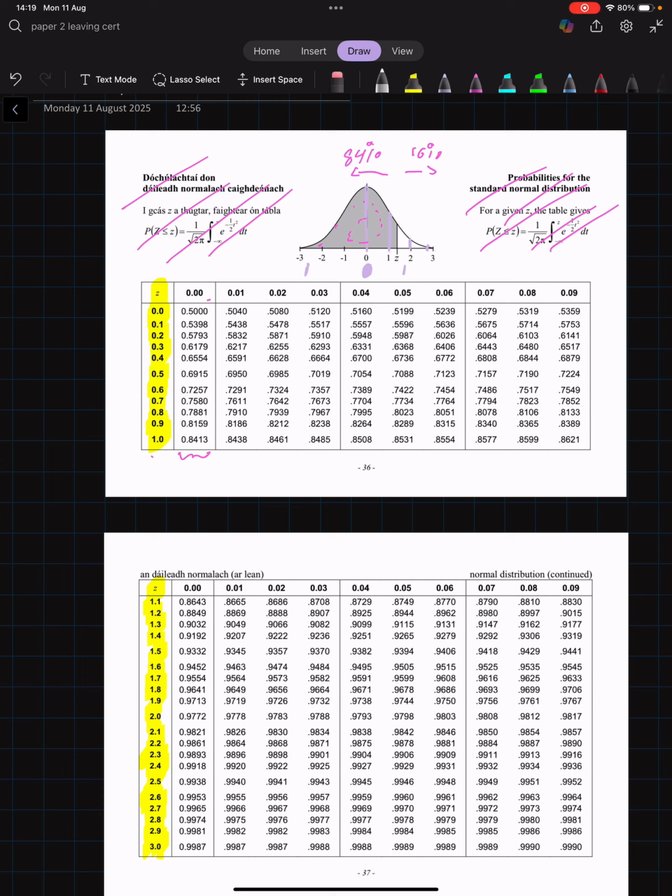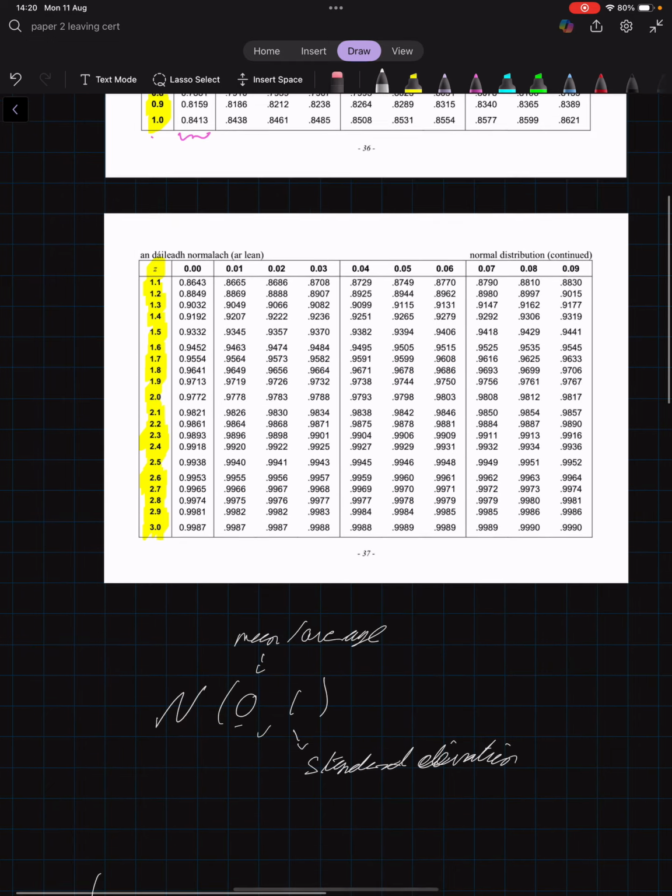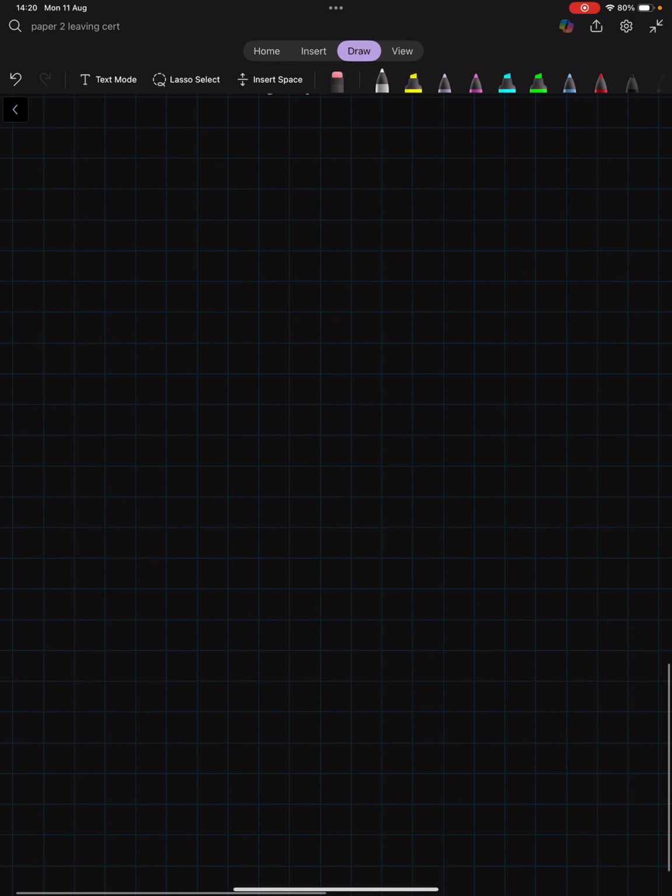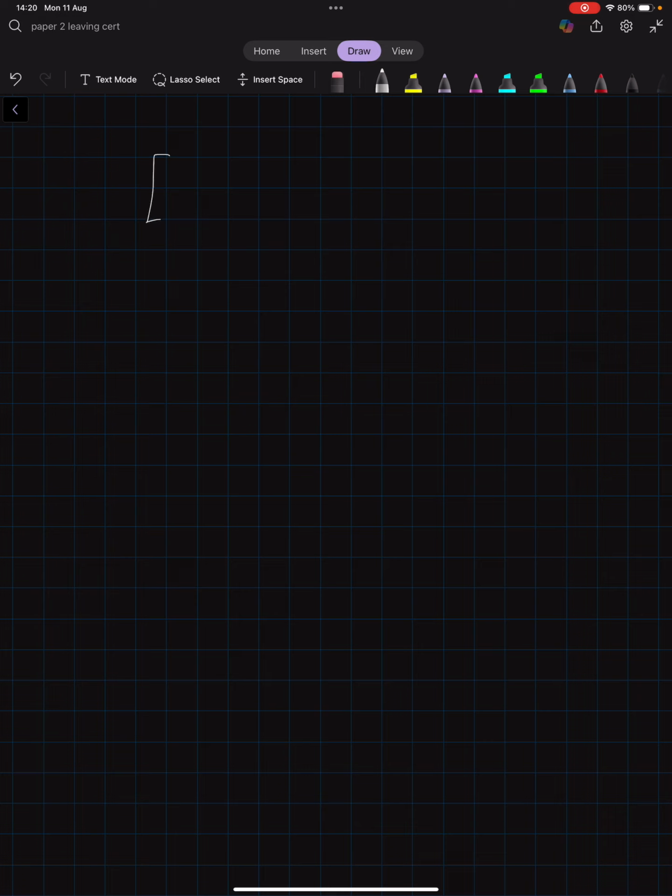I'll just see if it's here, just so I don't make a mistake. The empirical rule basically tells you that if you look at data and go from minus sigma to plus sigma, minus 2 sigma to 2 sigma, and then minus 3 sigma to 3 sigma.